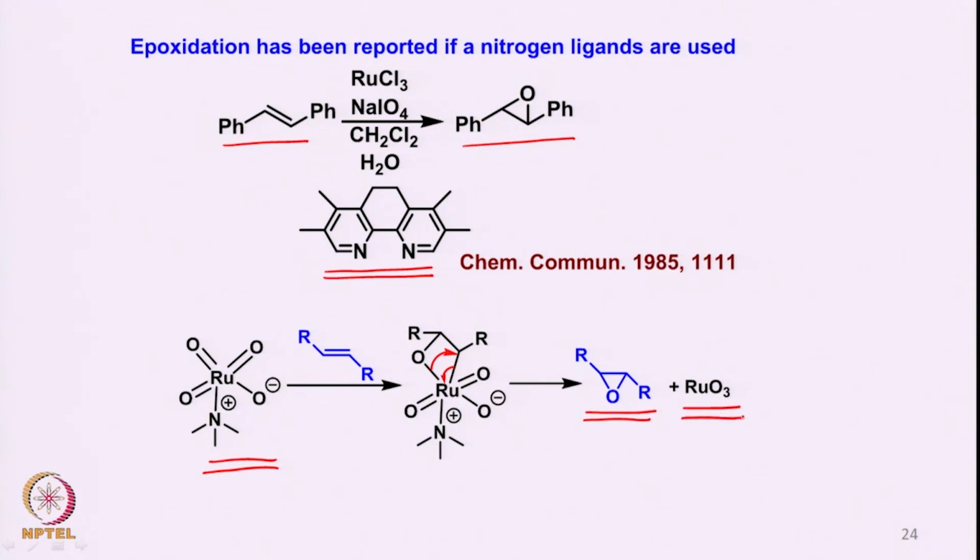This is one of the very rare examples of conversion of olefins to the corresponding epoxide, but one can carry out such a reaction in the presence of nitrogen ligands. Essentially, what they do is reduce the activity of the ruthenium tetroxide.